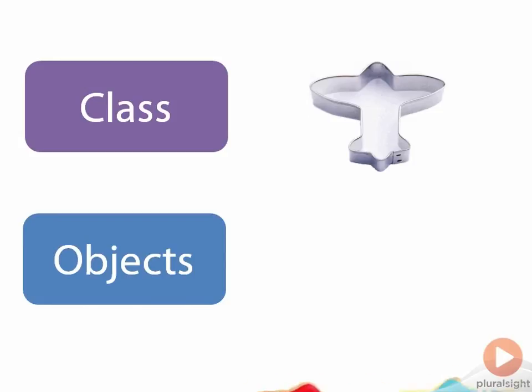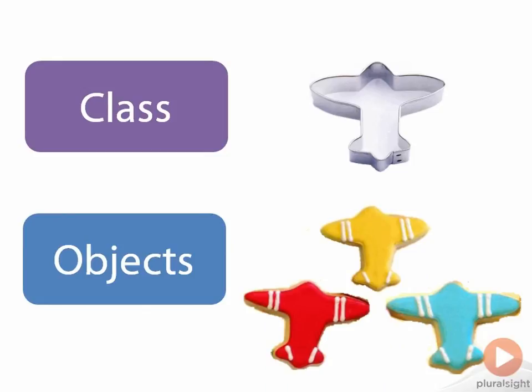You can then use the cookie cutter to create instances, each of which is an object. Each object defines its own values for the properties. So the first airplane cookie object has a yellow color with white stripe decorations. And the second airplane cookie object has a red color and white stripe decorations, and so on.